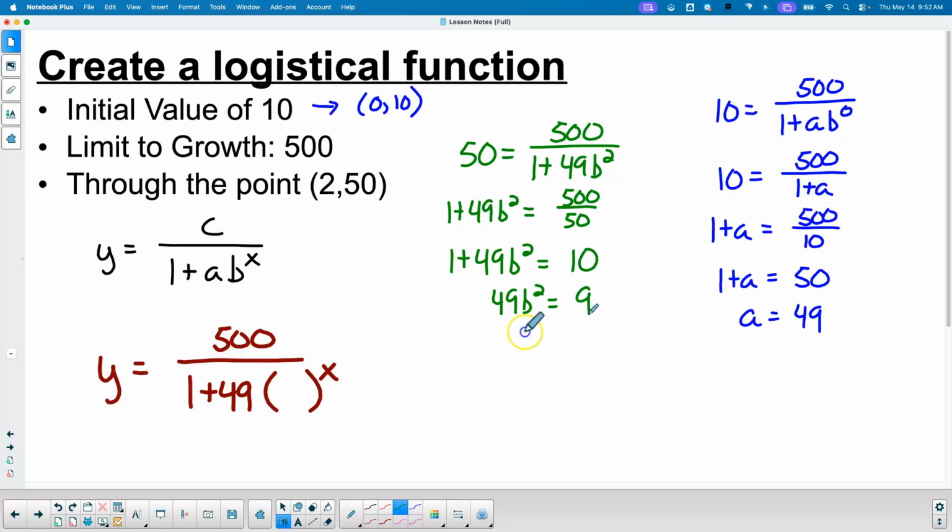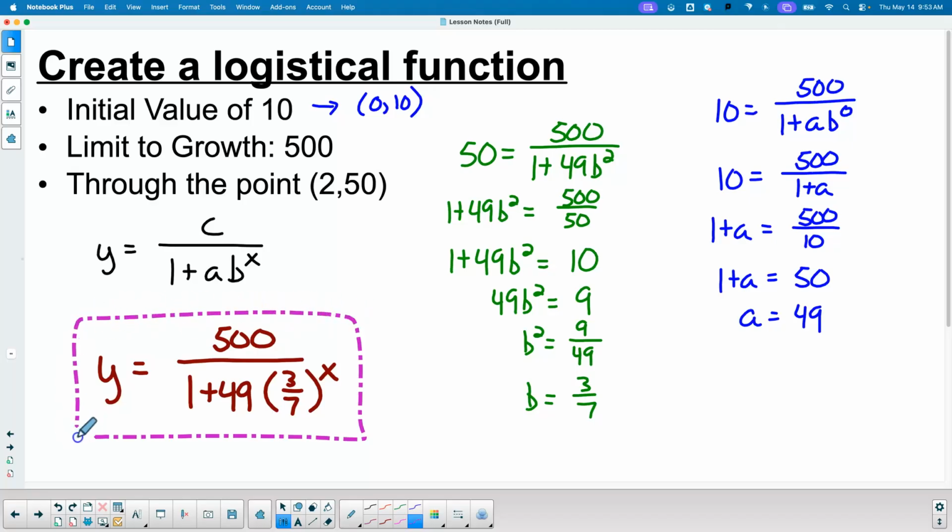I can divide by 49. And I can square root both sides. Now, normally I'd have to add in the plus or the minus there, but my b value can't be negative, can only be positive, so I don't have to in this particular case. So my b value is 3 sevenths. So there is my logistical function to go along with that.